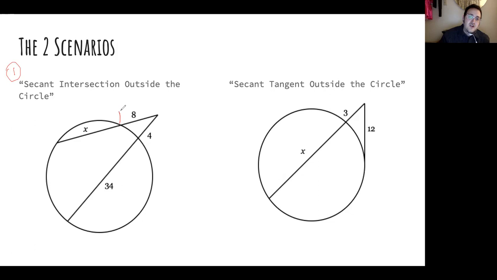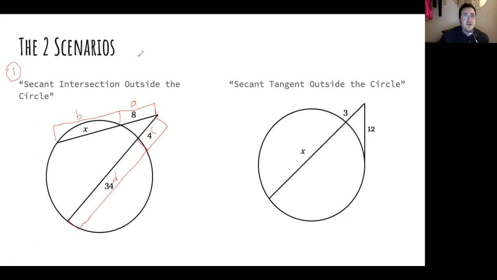We'll call this first secant line A, and we'll call this part B. So the outer part of a secant line we call A, the inner part we call B. And with the other secant line, we'll call this C and D.